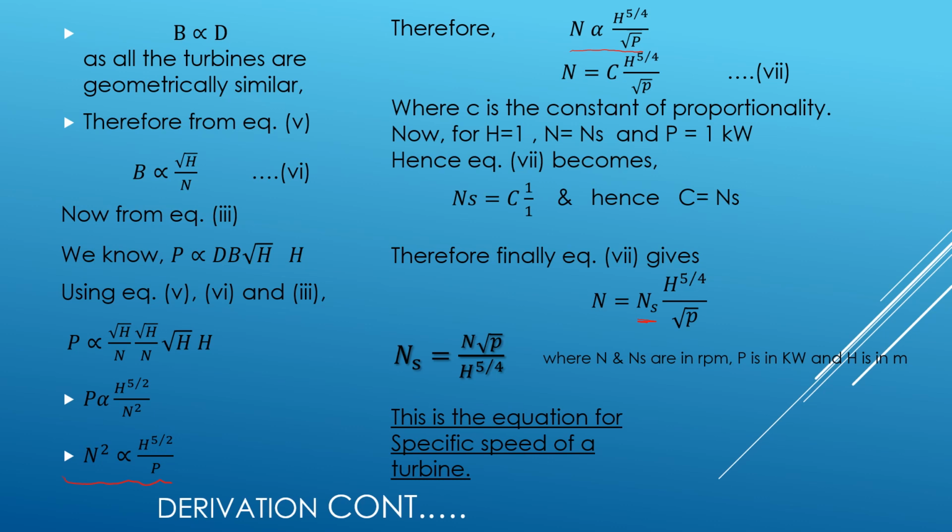Here the units for N and Ns are RPM, P is in kilowatts, and H is in meters. So this is the equation for specific speed of the turbine.